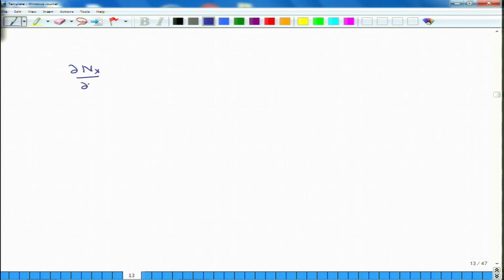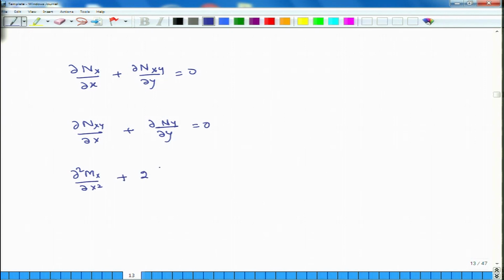Del nx over del x plus del nxy over del y equals 0, del nxy over del x plus del ny over del y equals 0, and del 2 mx over del x square plus twice del 2 mxy over del x del y plus the second derivative of my with respect to y plus qxy is equal to 0.